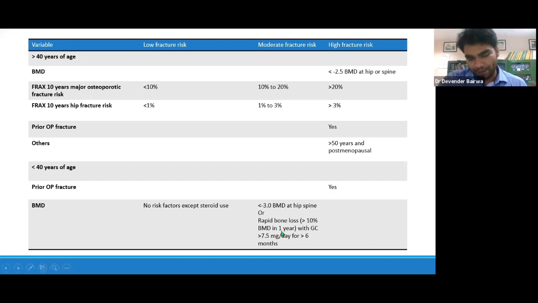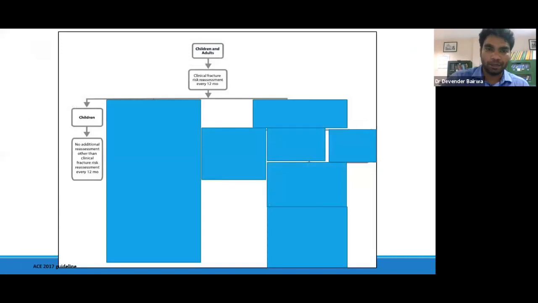Generally, nobody repeats the BMD scan at 1 year, but this is how they have mentioned it. So if this condition or this condition is present, then you can take your patient into moderate fracture risk. This is how you stratify your patient into low, moderate, and high fracture risk. And we will see how we are going to treat them.